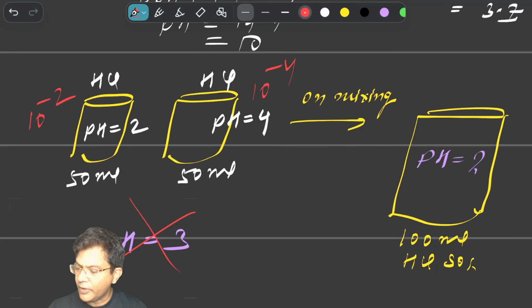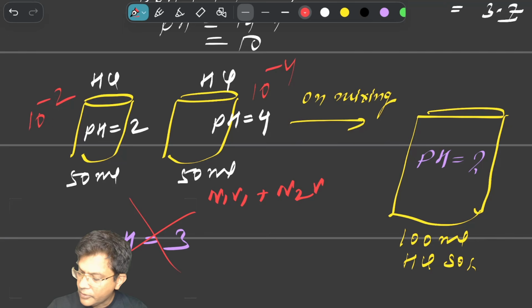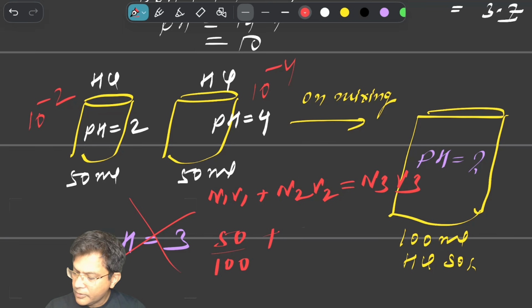Now it's time to find out milli-equivalents. That means I will say N1V1 plus N2V2 is equal to N3V3. This, though, we know very well. Now first is 10 raised to power minus 2 into 50, that means 50 upon 100, and second one is 50 upon 10000, right?